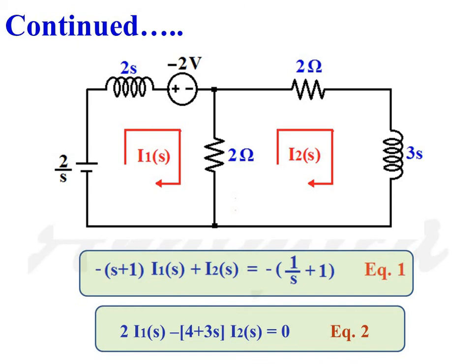So minus S plus 1 into I1 of S plus I2 of S is equal to minus of 1 by S plus 1, equation number 1. 2 I1 of S minus 4 plus 3S into I2 of S is equal to 0, equation number 2.